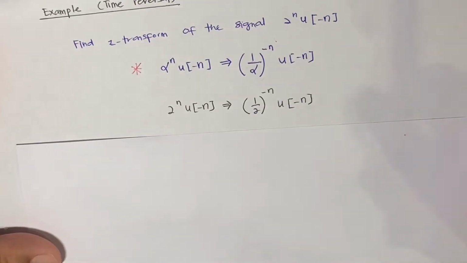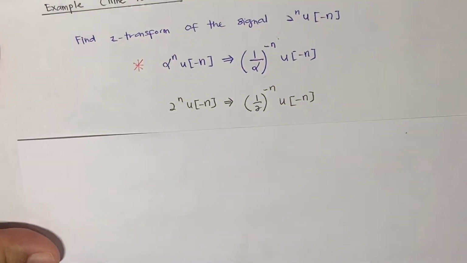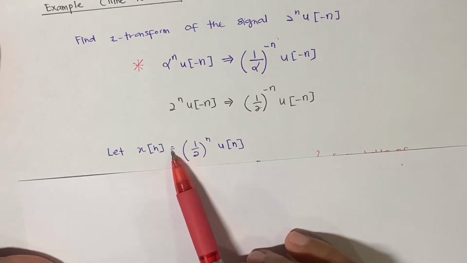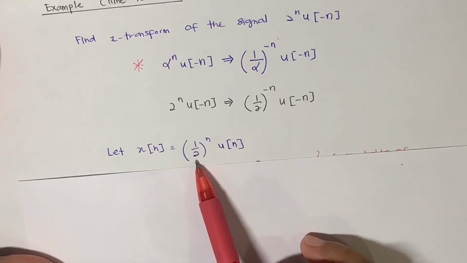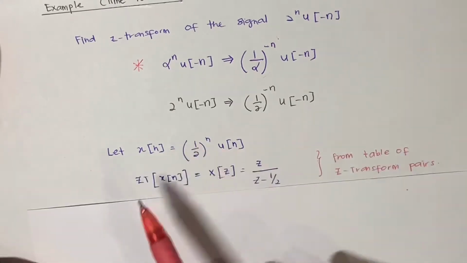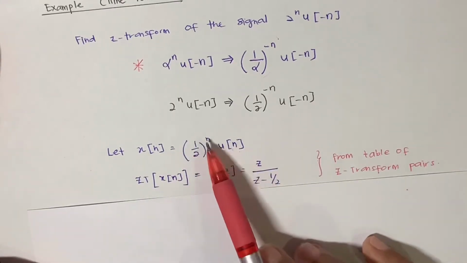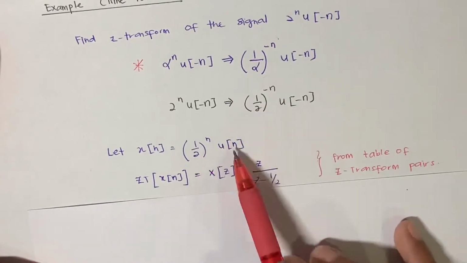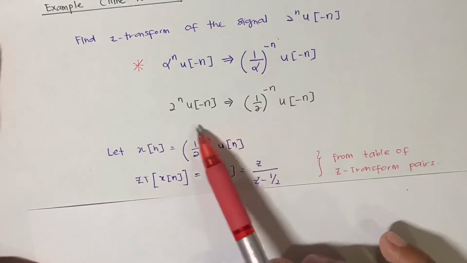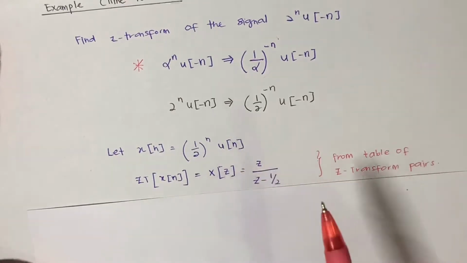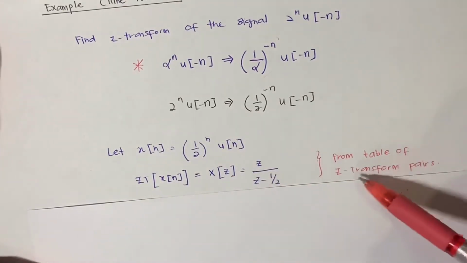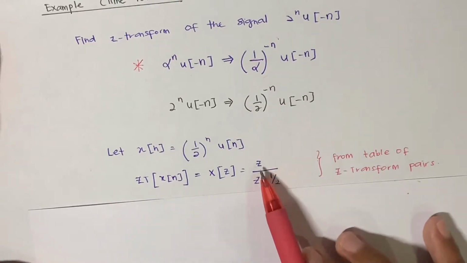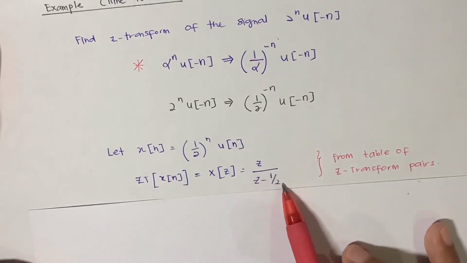Next, let x[n] signal equal to (1/2)^n. This is not the time reversal signal because we already changed negative n to n. If we perform the Z transform of the signal, from the table of Z transform pairs, you will get this answer, z over z minus 1 over 2.